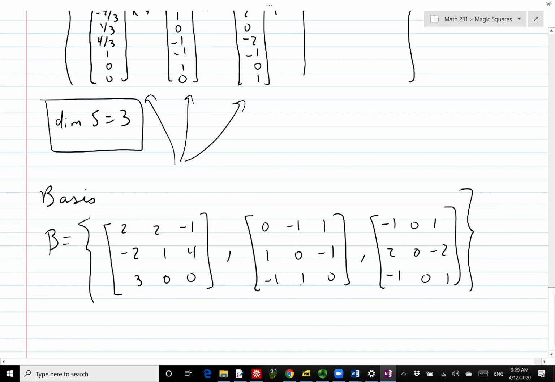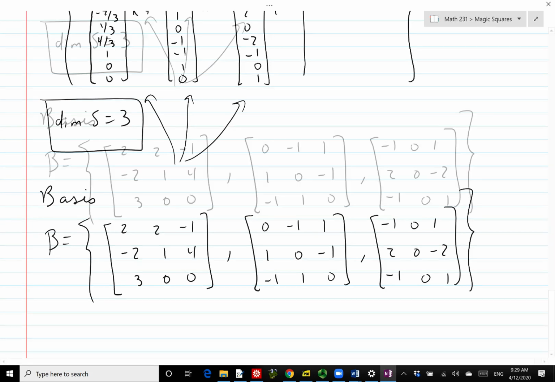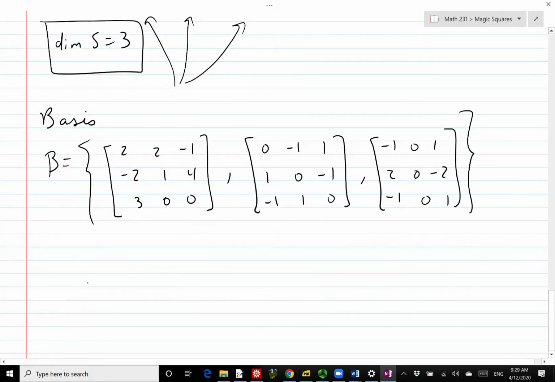The second matrix, every row and column adds up to 0, and the third matrix, every row and column adds up to 0 as well. We can create all magic squares by considering the span of these three. All right, that's it for this video.